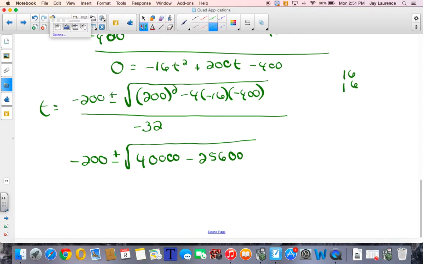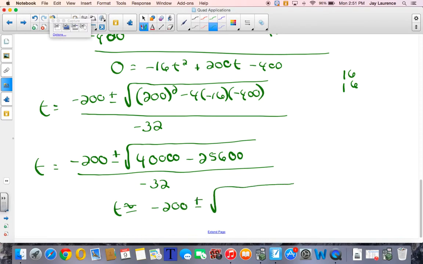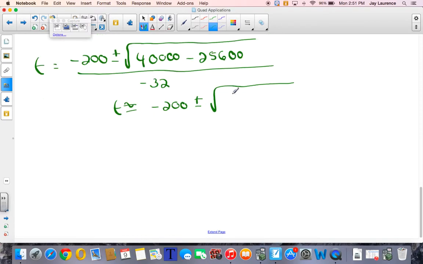I think that's right. Over negative 32. And so then t is going to be equal to negative 200 plus or minus, okay, I'm thinking 14,400, right? Yeah, over negative 32.